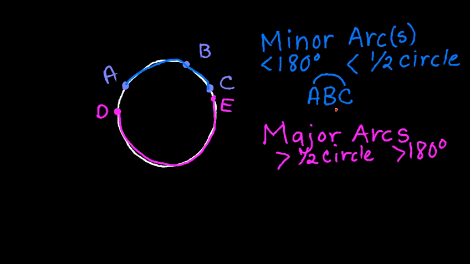The way we know is if we put this third point in between to identify that it actually goes through B. Major arcs only need the 2 letters. So to name this pink big arc, I could just use DE and put the arc symbol over it.